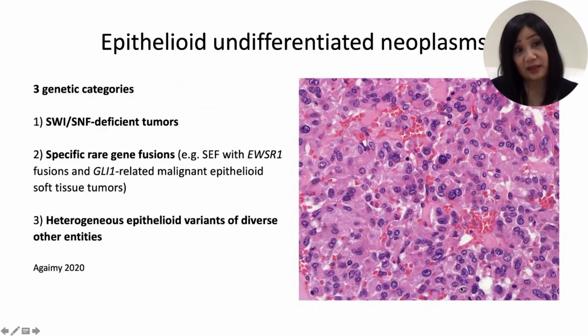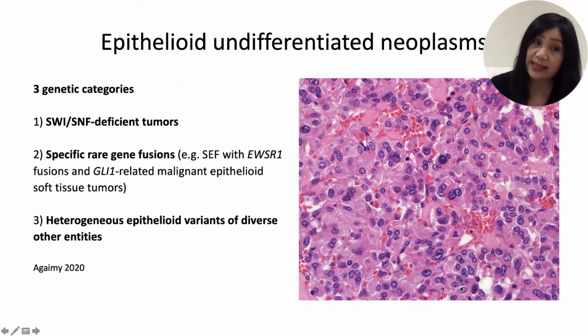In essence, we can divide epithelioid undifferentiated neoplasms into three principal genetic categories. This has been described by Dr. Agami and a variety of authors, but three genetic groups.